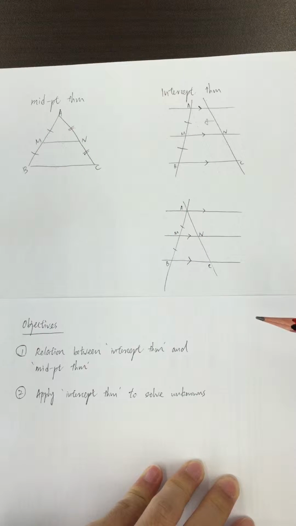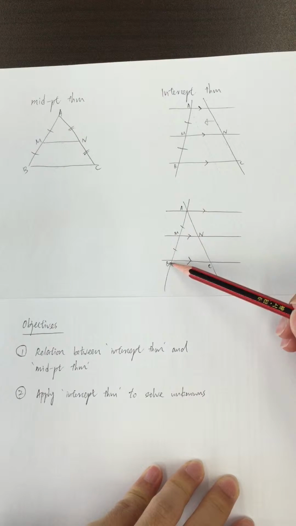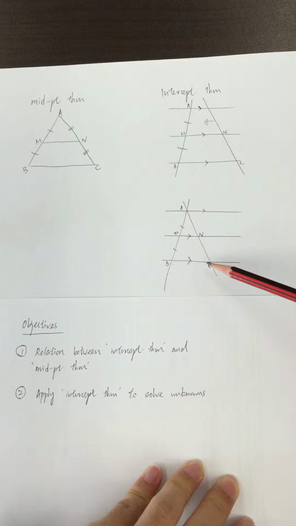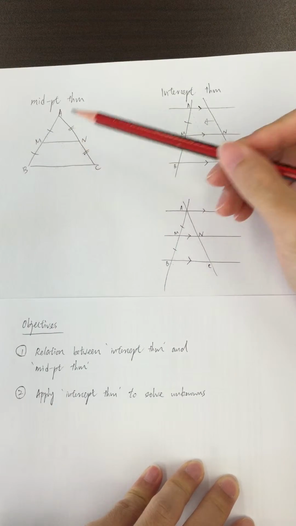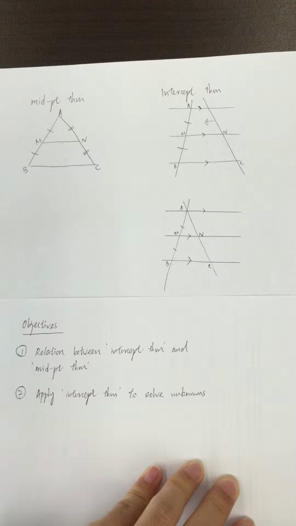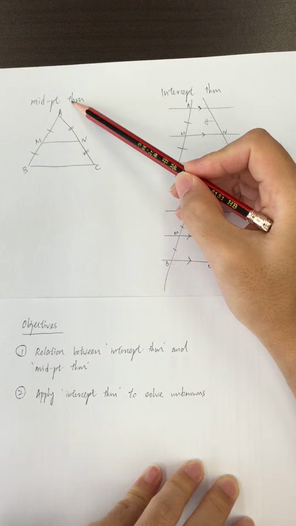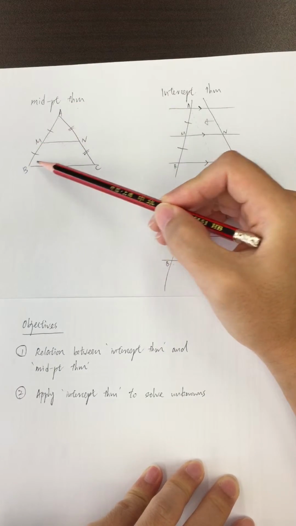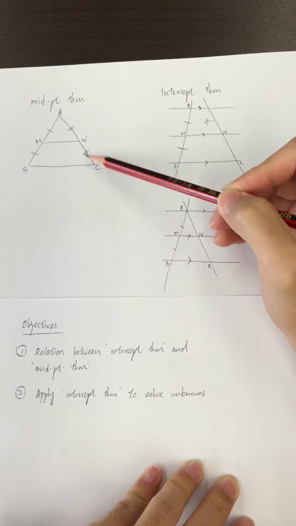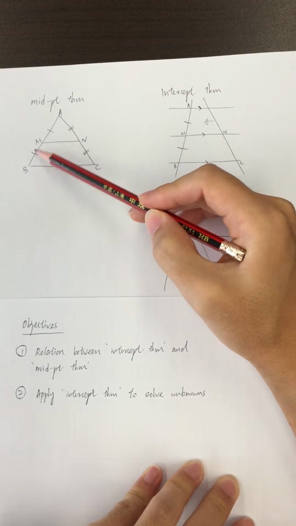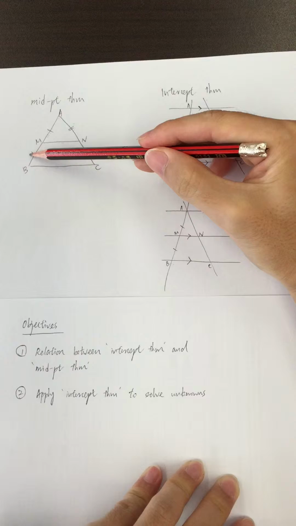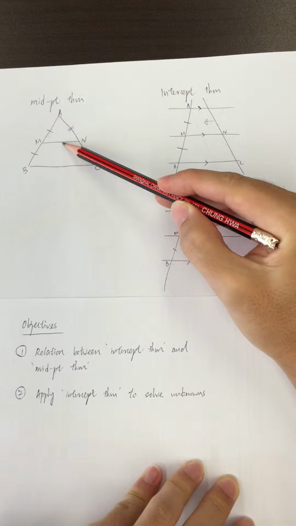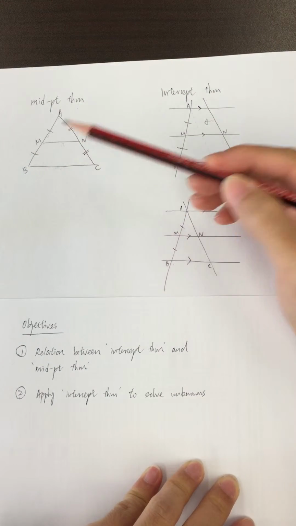Boys and girls, in this case, can you see a triangle? Do you think it looks very similar to the one on the top left-hand corner? So what I'm going to tell you, boys and girls, for midpoint theorem, it means if you have a triangle and you find out the intercepts on the left, the intercepts on the right, if they are all equal, MN is parallel to BC.